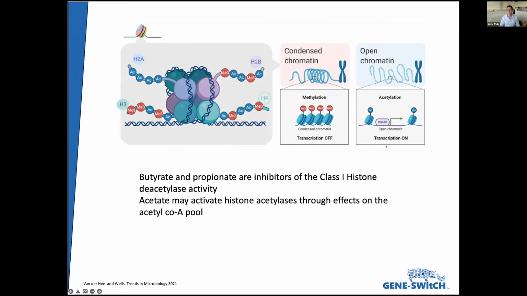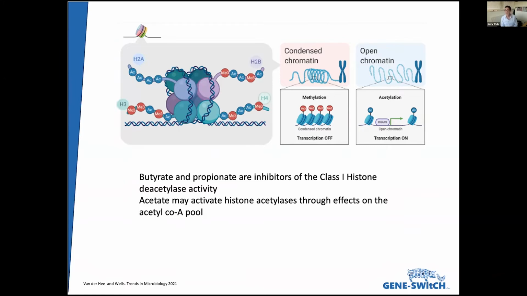This is just a summary of what I've said, that acetylation and methylation play important roles. Acetylation leads to more open chromatin and expression, whereas deacetylation leads to more compaction.